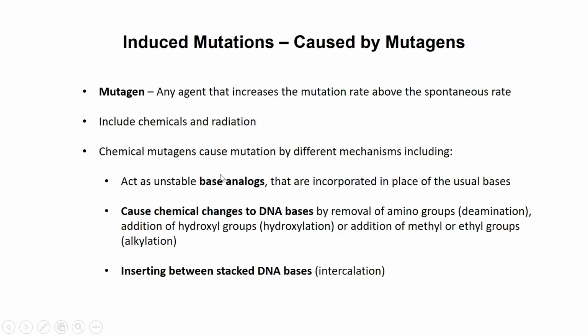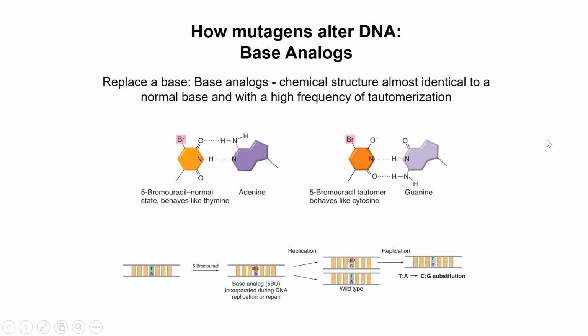But when they're incorporated, they're going to introduce chemical instability. Also, there are chemicals that cause direct changes to the chemical structure of the DNA bases. Okay. And then finally, there are mutagens that insert themselves between stacked DNA bases. So these are the 3 types. Let's take a look at the first type first: base analogs.